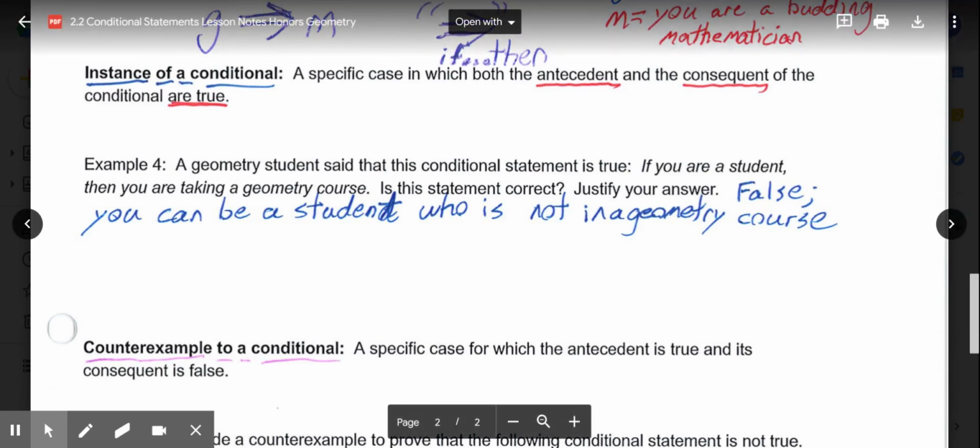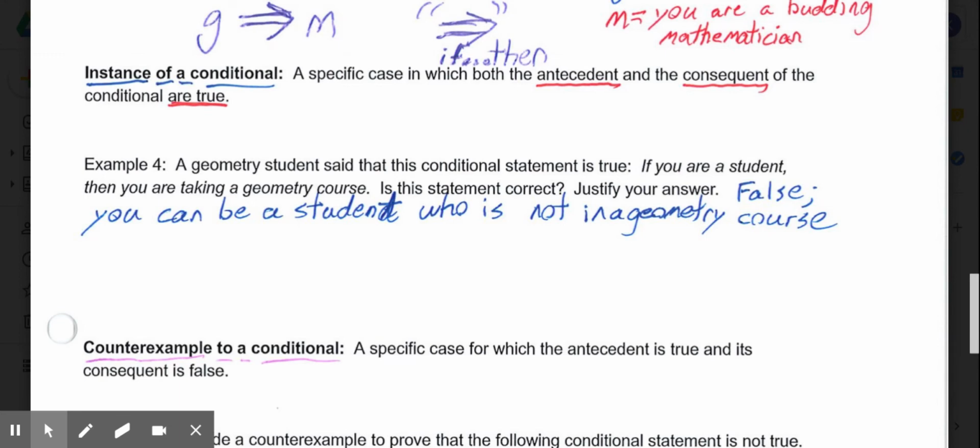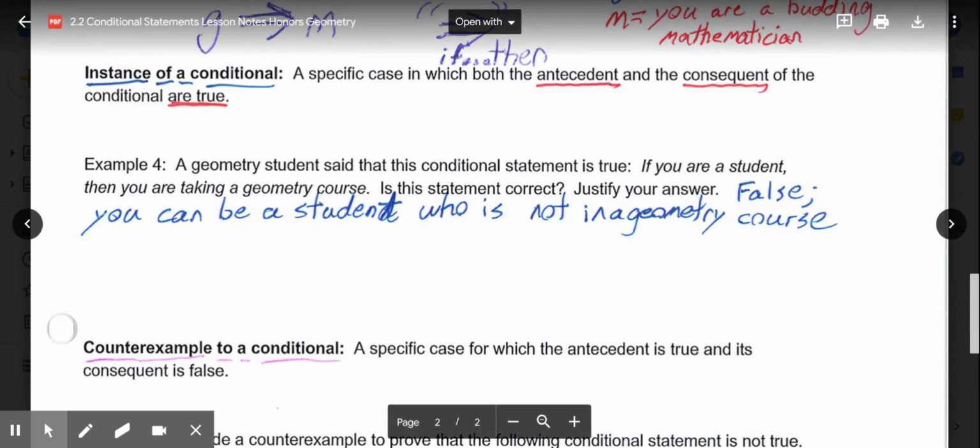Well, that's not necessarily always true. It could be in certain cases, which would be an instance of the conditional, but a lot of students aren't taking geometry. So this would be false because you could still be a student who is not in a geometry course.